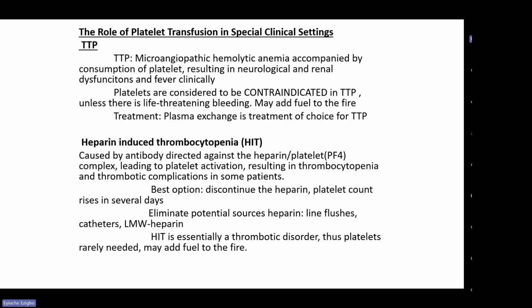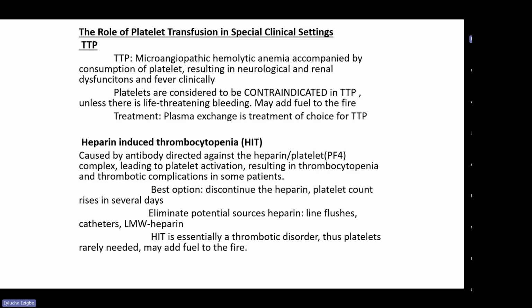Why are the platelets reducing? Because if you don't establish the cause and add more platelets, it may be that what you are actually doing is that you are adding fuel to fire. So the cause of the platelet reduction in TTP has to be established first.